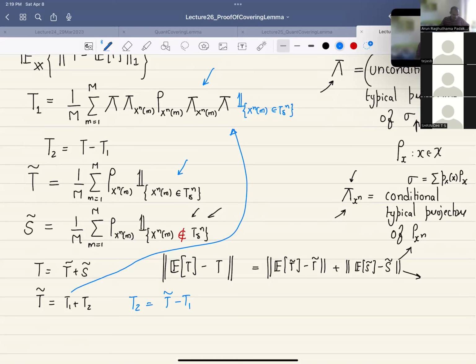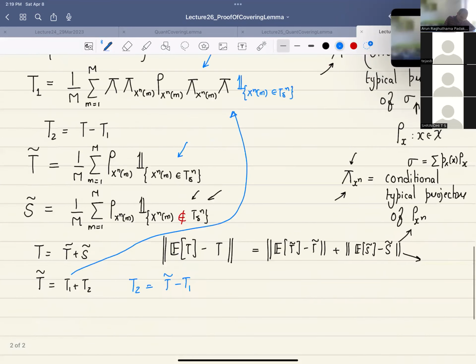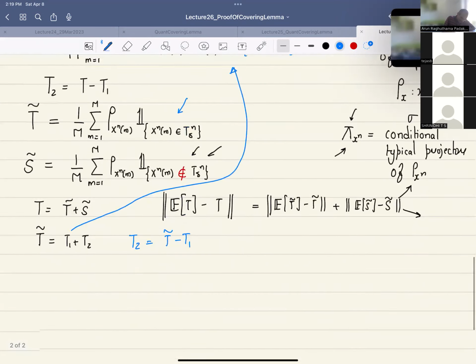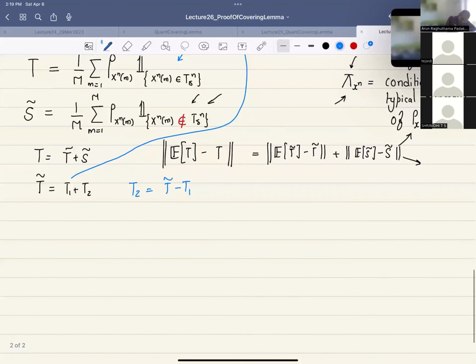You can show that those terms are not hard. Really, the term that you need to handle is the following term. I did this last time, and I am just restating that those terms can be done. So you're really looking at the following: T1 minus expected value of T1.